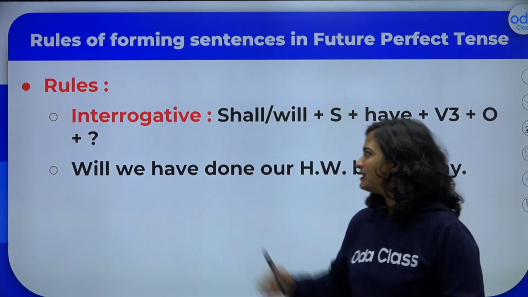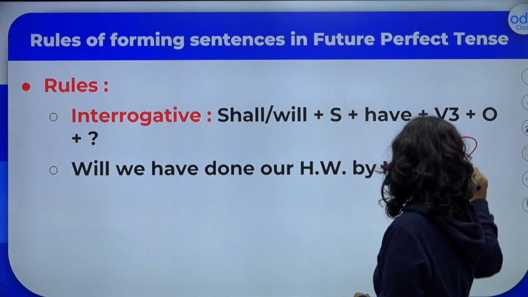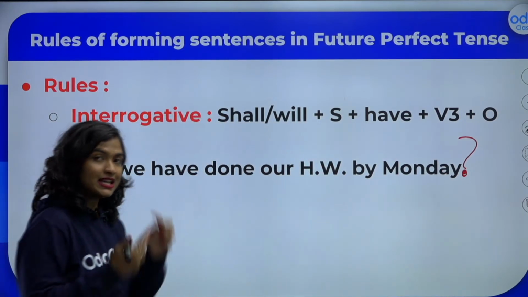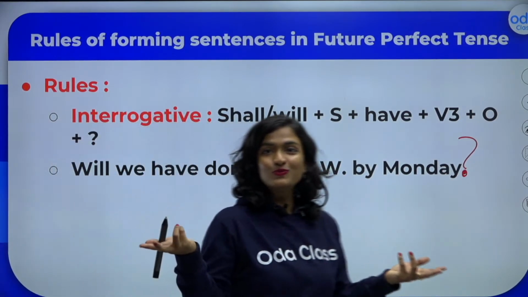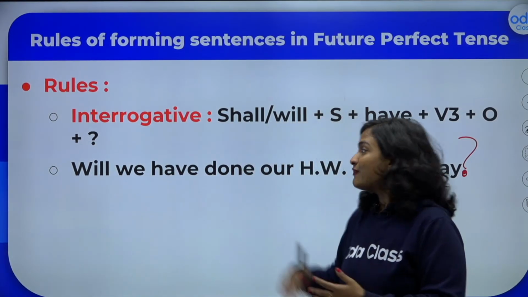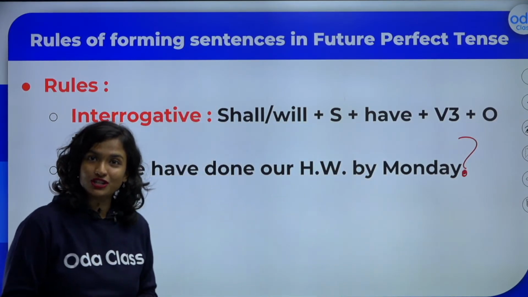So for example, will we have done our homework by Monday? Question mark. We don't know, right? But once again, we are asking if this action will be completed at a certain point in the future.